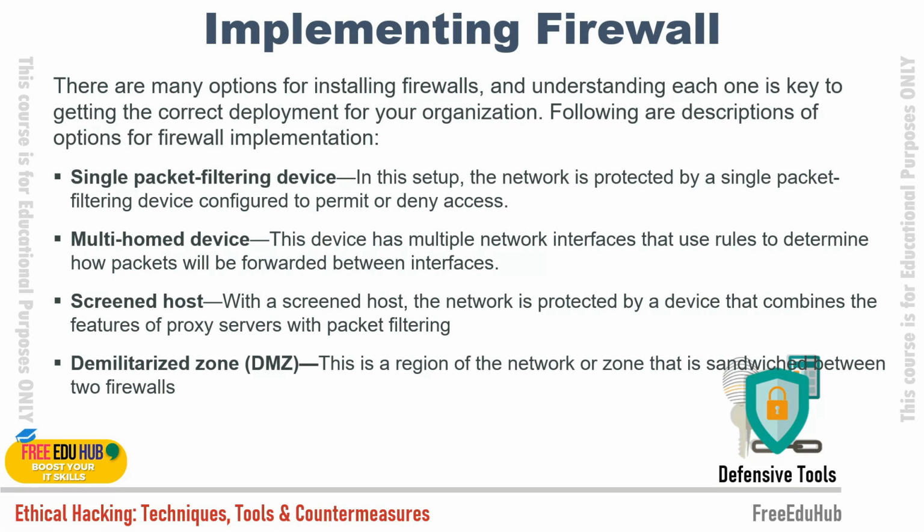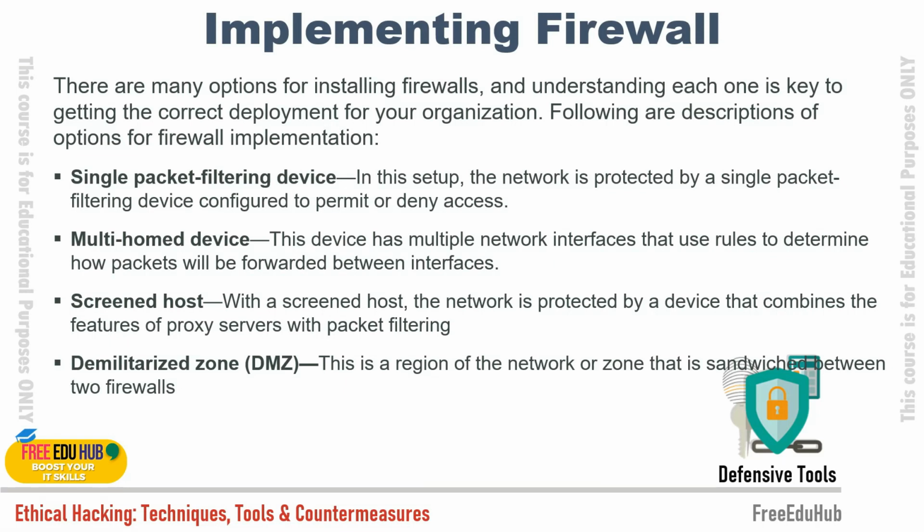In single packet filtering, the network is protected by a single packet filtering device configured to permit or deny access. In a multi-home device, the device has multiple network interfaces and uses rules to determine how packets will be forwarded between these interfaces, which one is receiving and which one is sending the traffic.